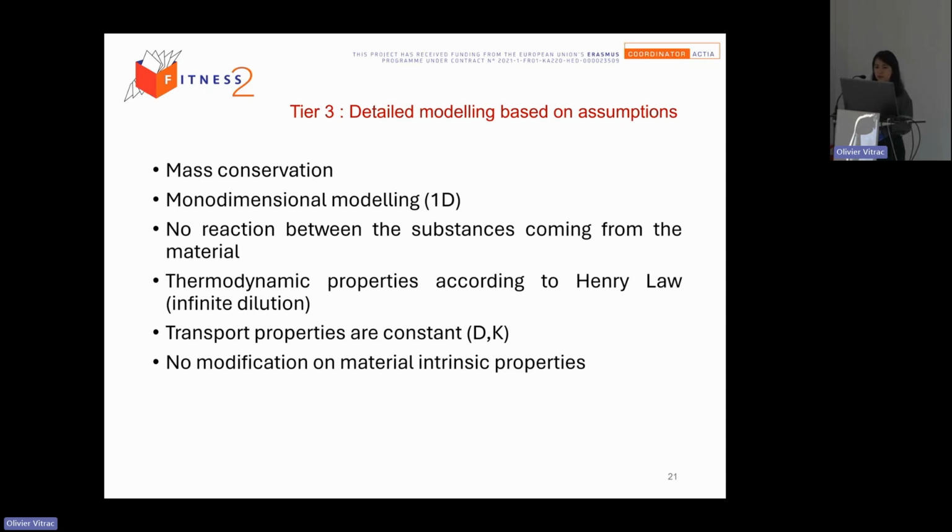We have the thermodynamic property according to Henry's law, so that means the concentration of the substance is really low. We are at infinite dilution. We have transport properties that are constant in time, and we don't have modification of the material's intrinsic properties. So that means that if you observe a plasticization effect, we need to consider different steps.